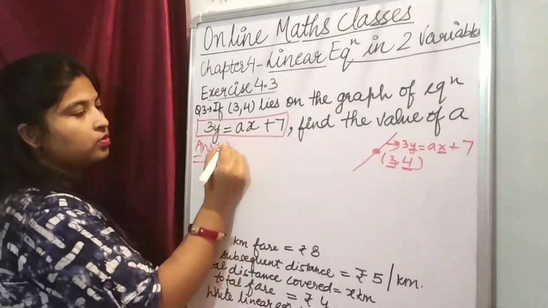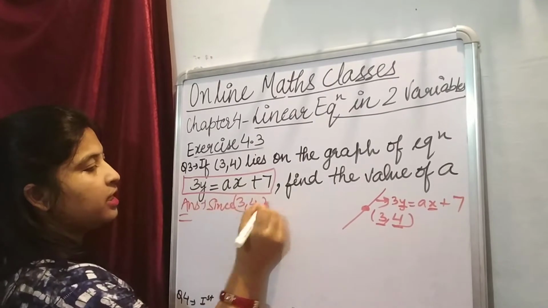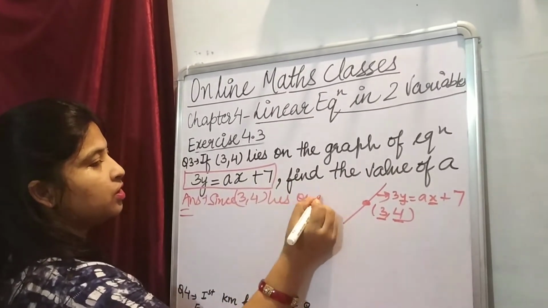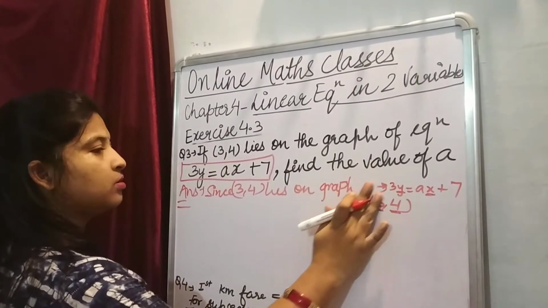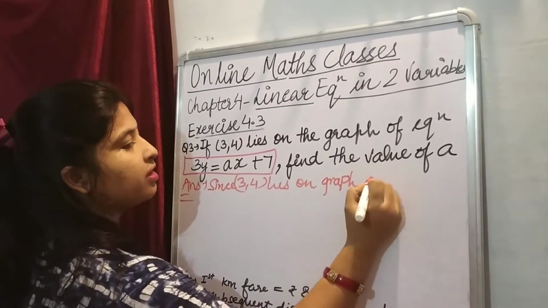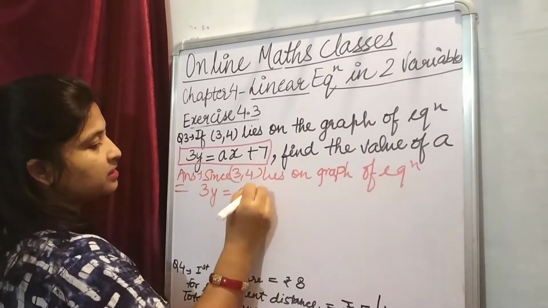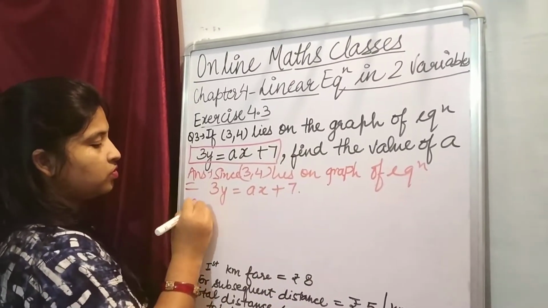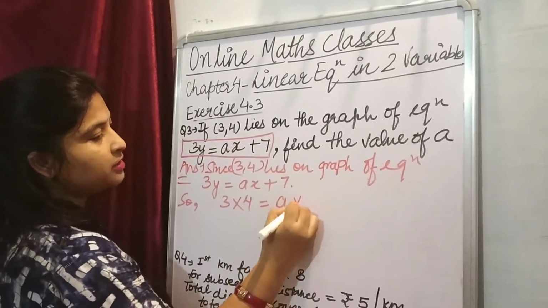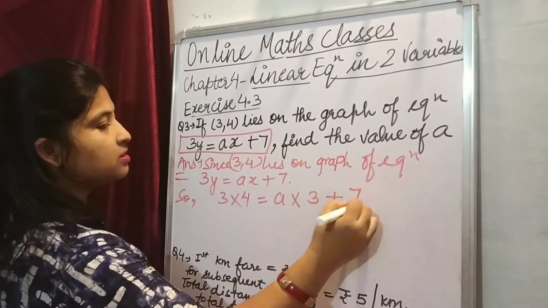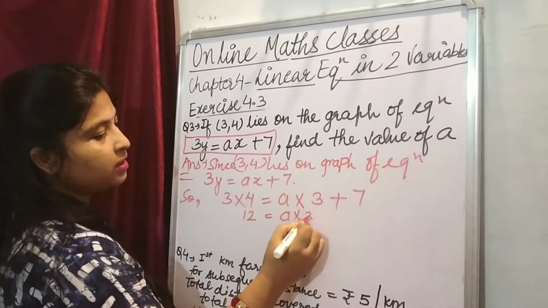So since (3, 4) lies on the graph of the equation 3y equal to ax plus 7, 3 into the value of y, 4, equal to a into the value of x, 3, plus 7. 3 4s are 12 equal to a into 3 plus 7.